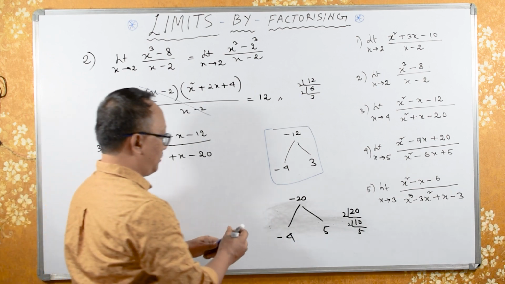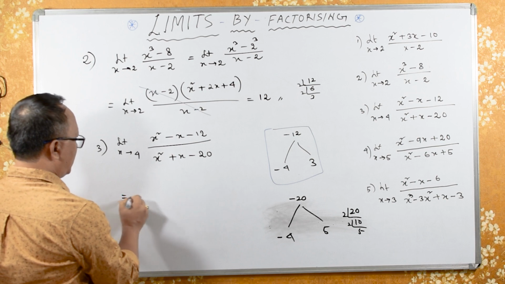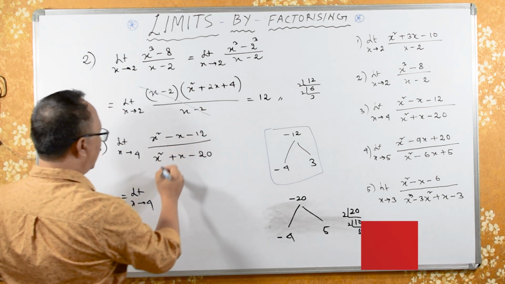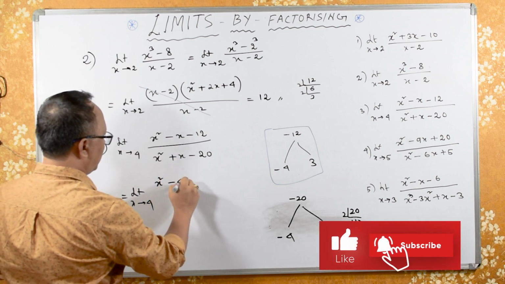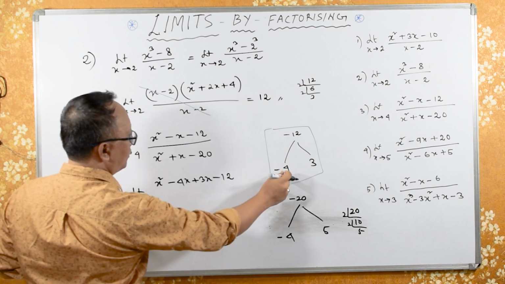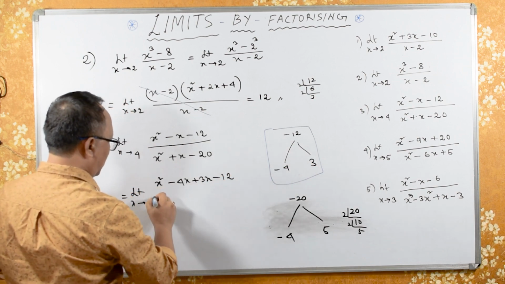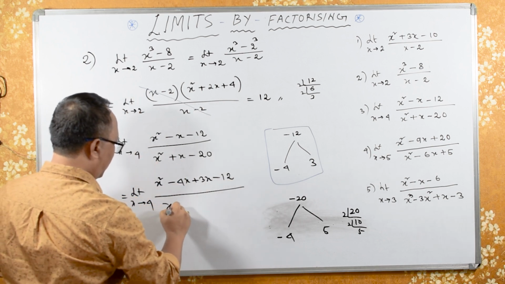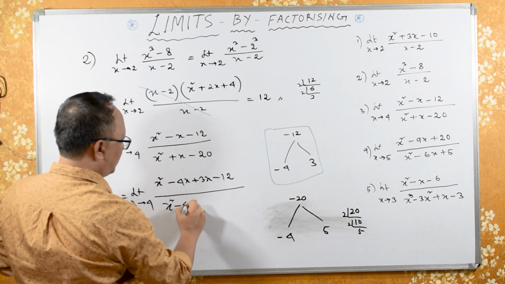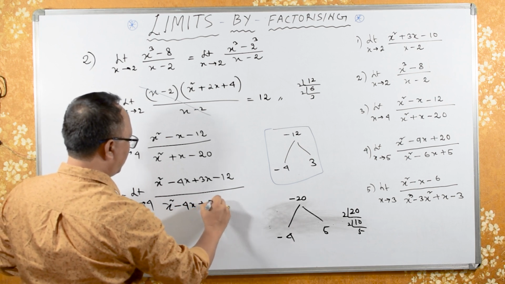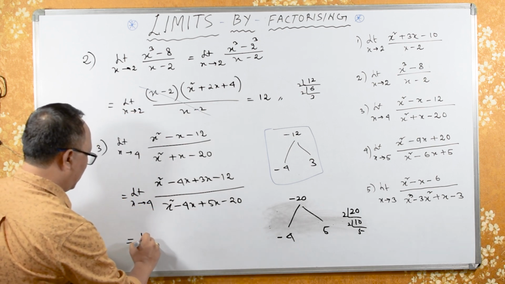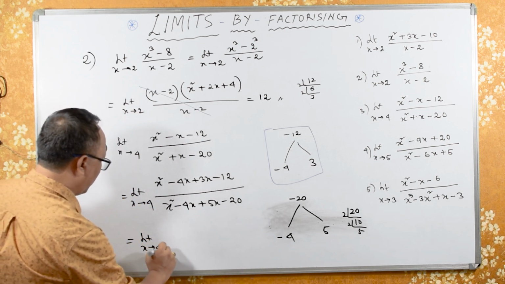So this is the same as limit of x tends to 4. Instead of this, what I can write is x² − 4x + 3x − 12, because of this −4 and +3. Over here, instead of x² + x, we can write x² − 4x + 5x − 20.